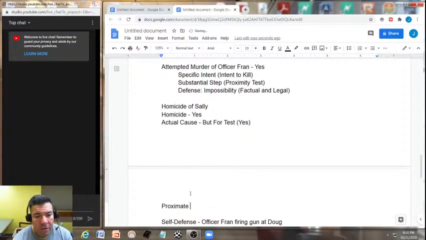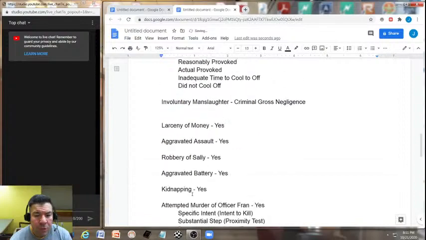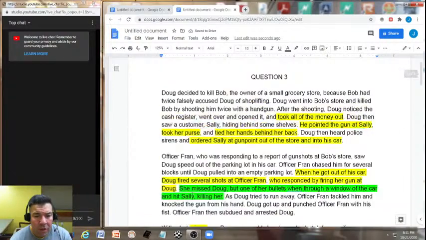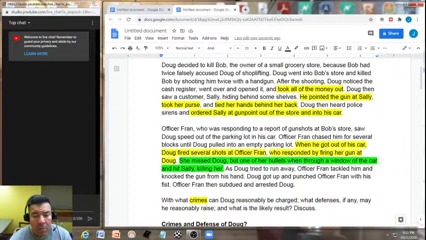Proximate cause. Is it foreseeable that a police officer who is responding to a report of gunshots at Bob's store and who has been shot at by the criminal defendant, Doug, might respond in self-defense by shooting bullets in the direction of Doug? Absolutely.